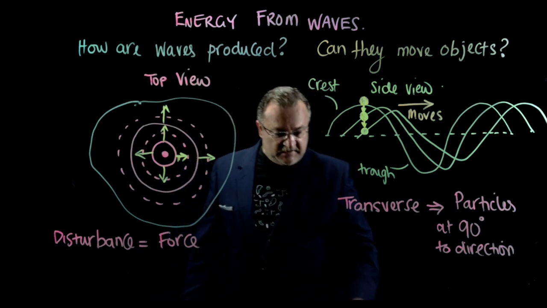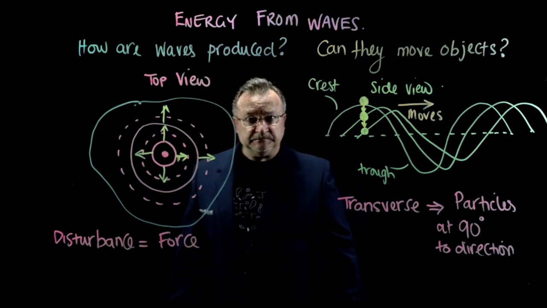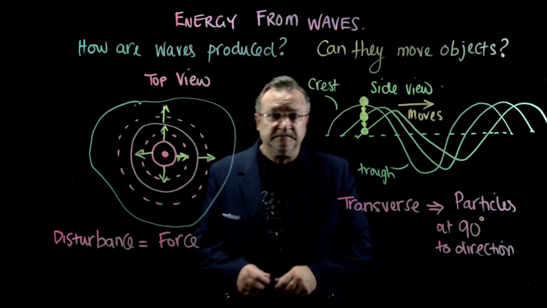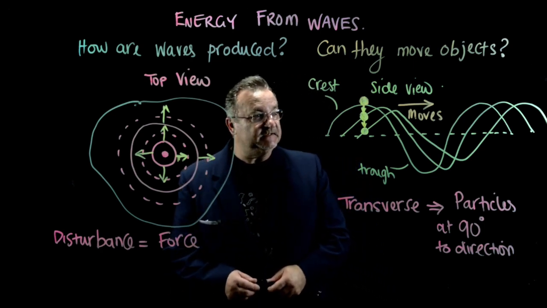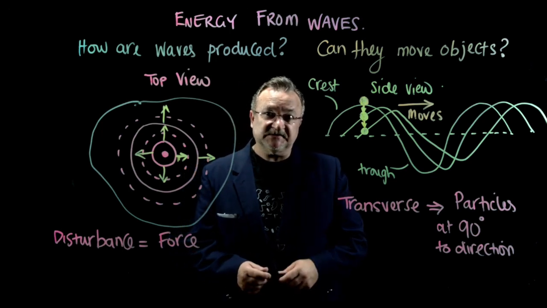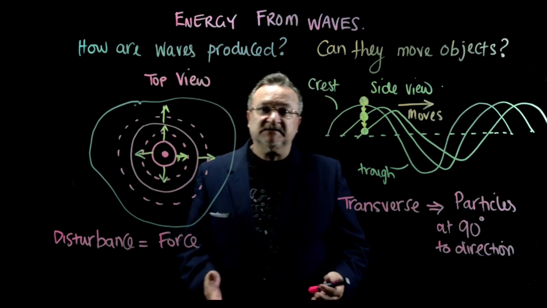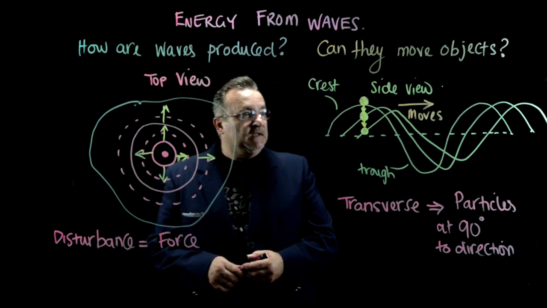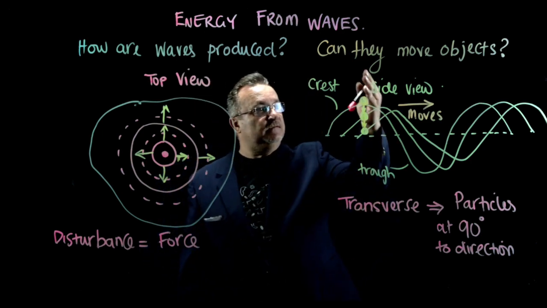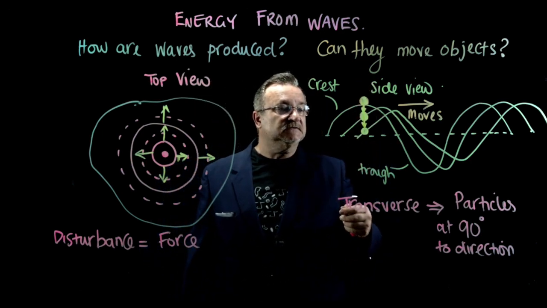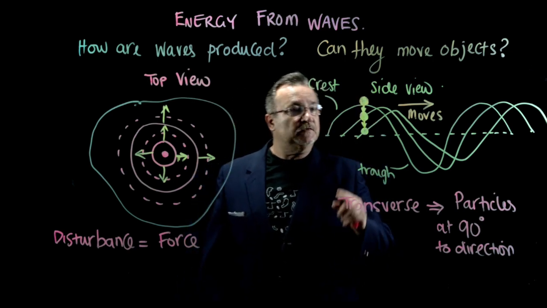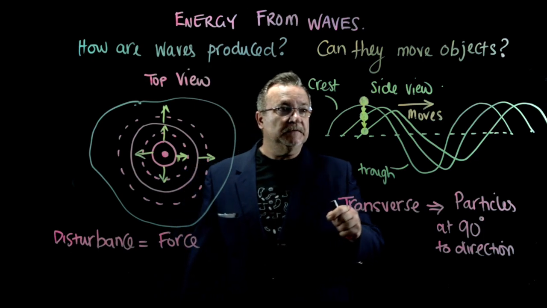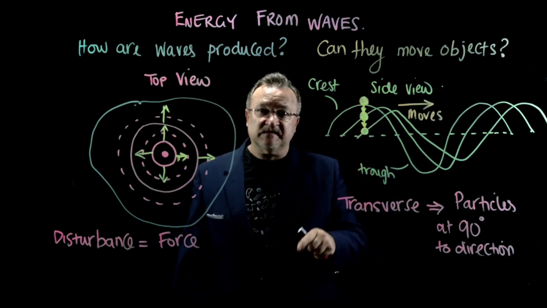Now, let's think of a practical example. Most of us have been to the surf, and one of the great things about summer and going to the surf is that we like to jump into the surf and we like to play in the surf. We like to play with the energy. Now, if this float is a surfboard or a person on a surfboard, are they moving up and down? Well, yes, they are.